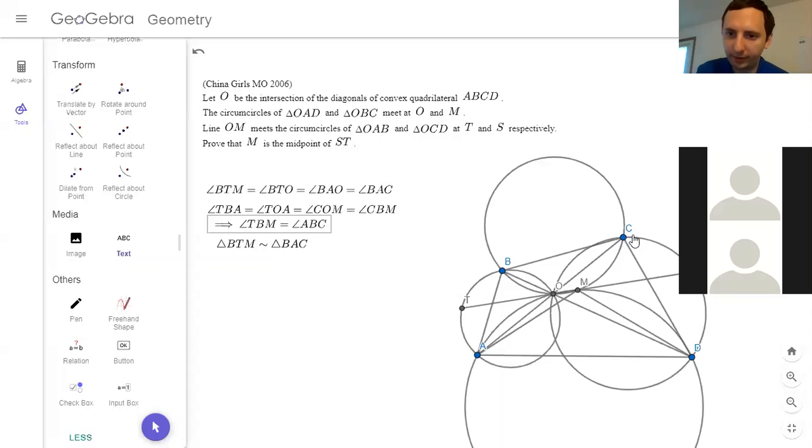And then similarly, CSM is similar to DCB.